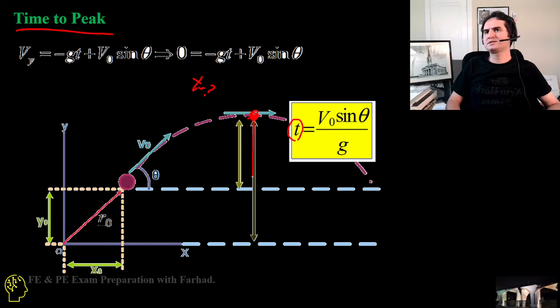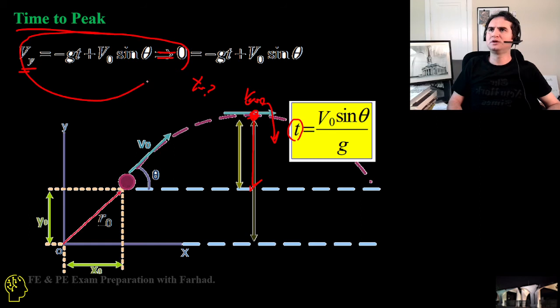The maximum height is where the velocity in y reaches 0, and then the dive down starts. So vy is negative gt plus v naught sine of theta, and if that's equal to 0, it says negative gt plus v naught sine of theta is equal to 0. So t is equal to v naught sine of theta over g. That's time to the peak.